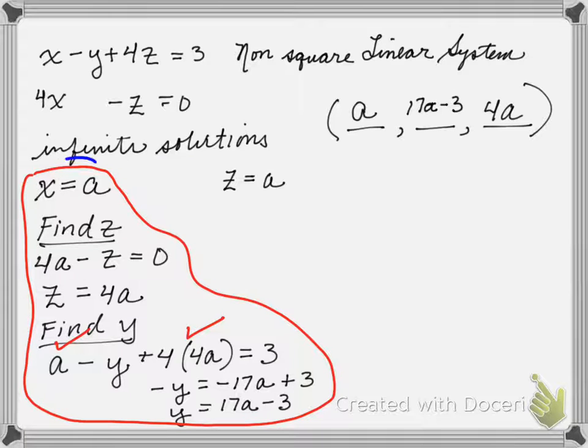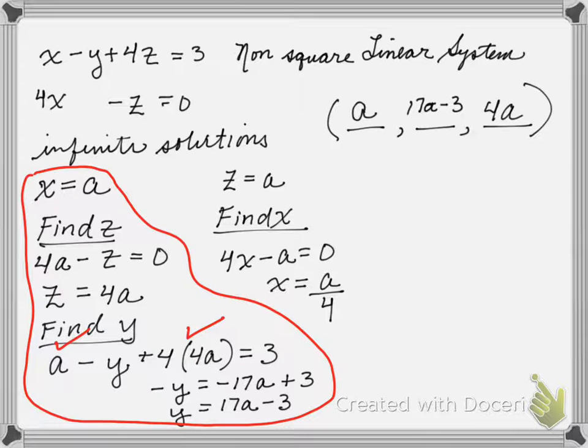So instead of saying x equals a, what if we started off with z equals a? And then we would find x in that case, and that would be 4x minus a equals 0, so x is equal to a over 4.